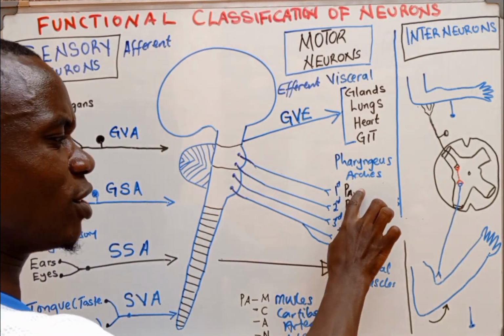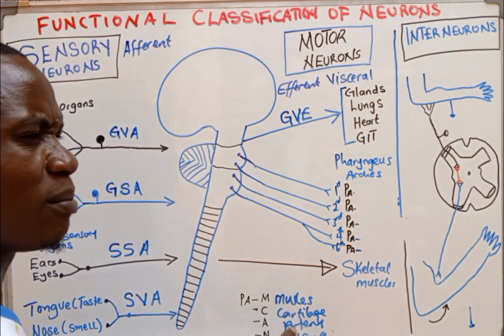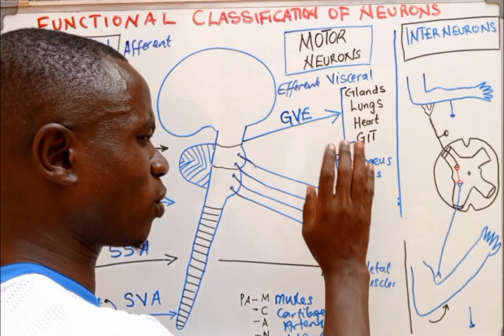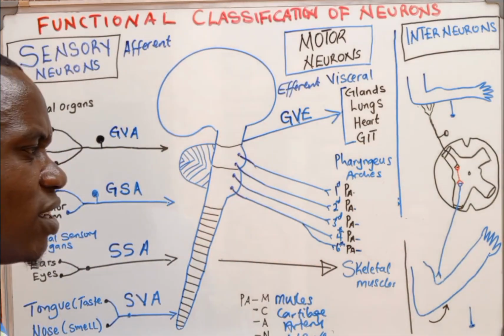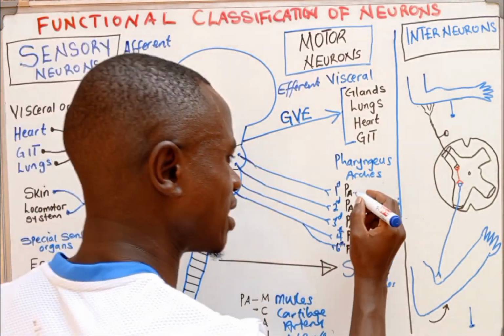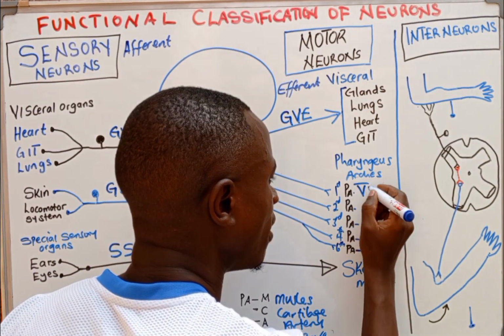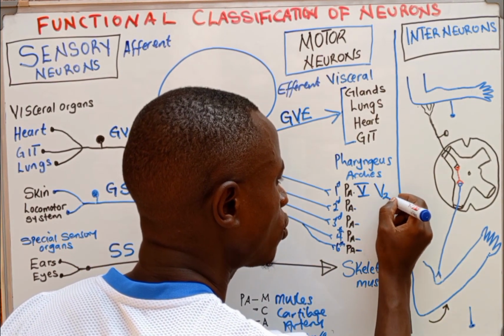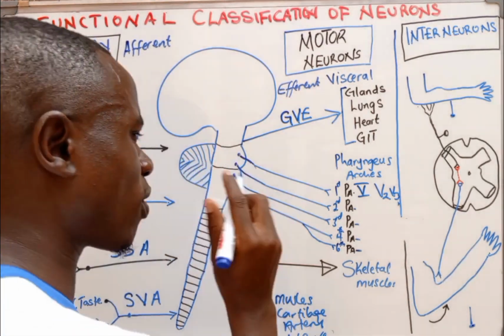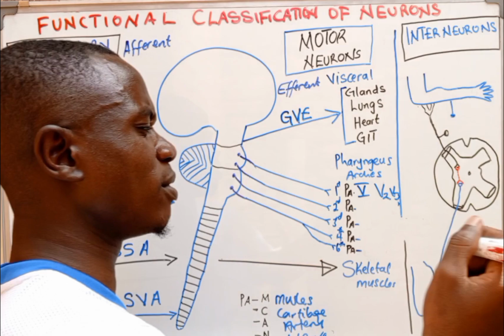For example, pharyngeal arch number 1 contains muscles like the muscles of mastication, and there are very many muscles in the first pharyngeal arch. Which cranial nerve supplies the first pharyngeal arch? It is cranial nerve number 5, particularly V2 and V3, the maxillary and mandibular branches of the trigeminal nerve.